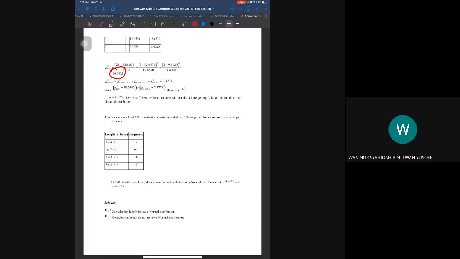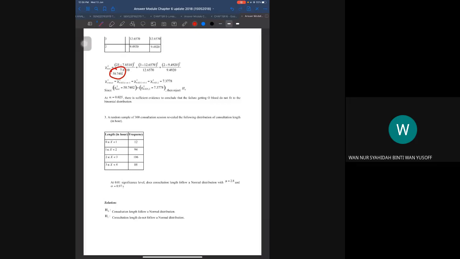So if you combine the category, all the analysis after that must be based on the new data, the data after you combine the category. So step 4, you will have this answer for your chi-square.